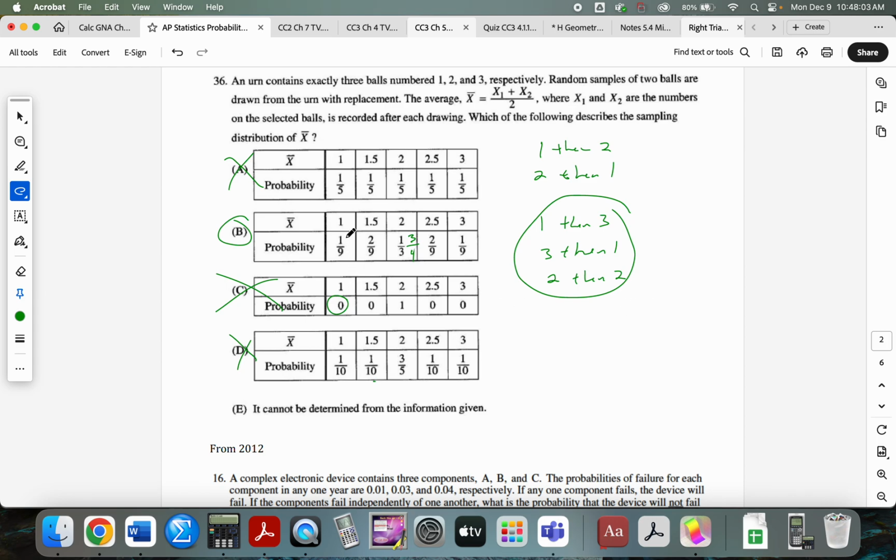I'm just adding all the numerators. 1 plus 2 is 3, plus 3 is 6, plus 2 is 8, plus 1 is 9. So then, how do we know the top probability of the numerator would be the amount of probabilities? If that makes sense. Because the sum of the probabilities must add up to 1.